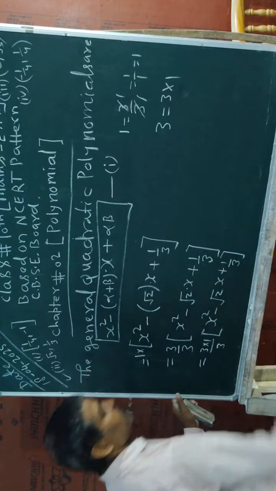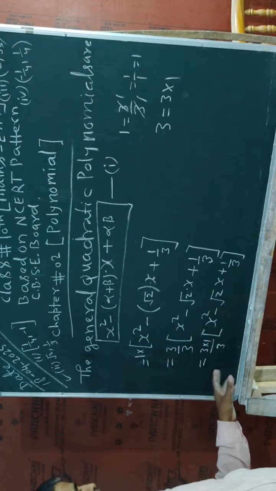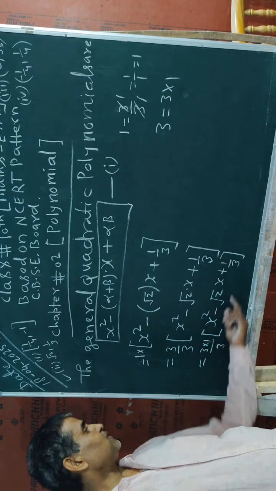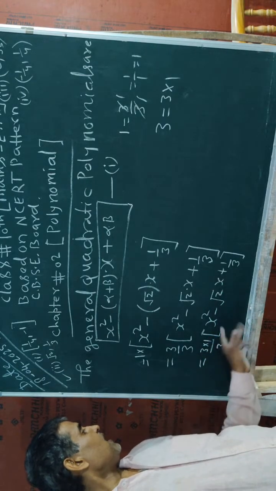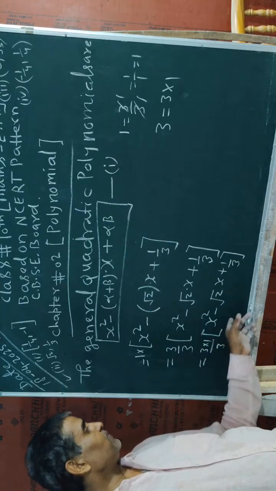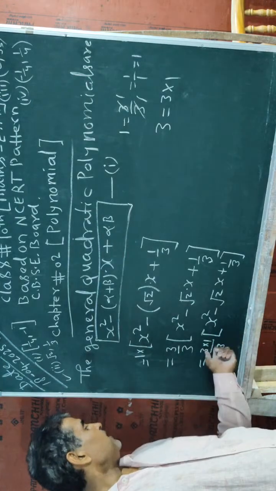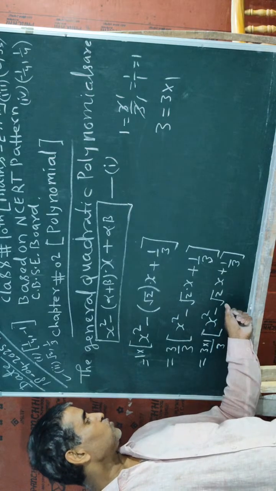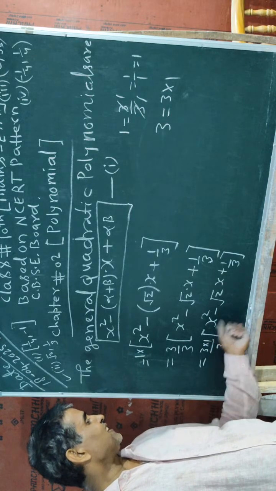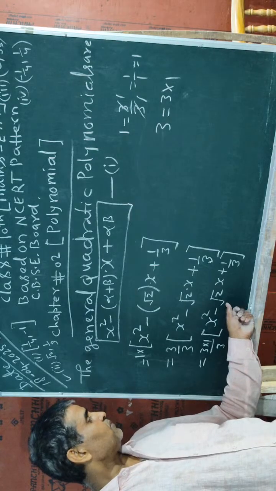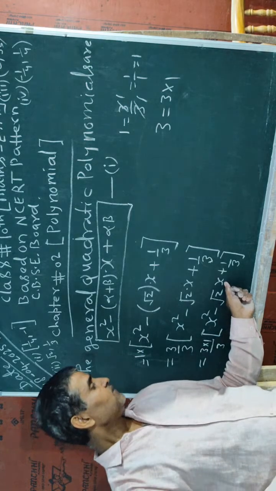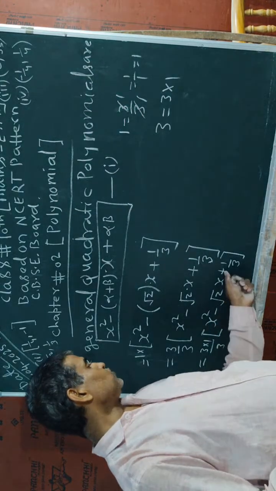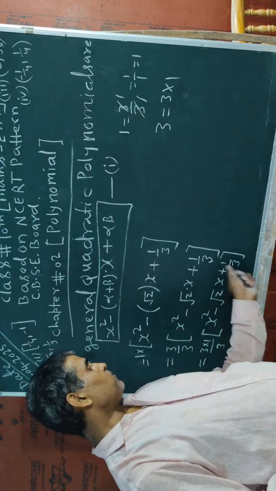Okay student, now further I am going to use another concept. This 3 I will take inside this bracket, and that 3 will multiply with x square, and also multiply with the term root 2 into x, and I will also multiply 3 into 1 by 3.